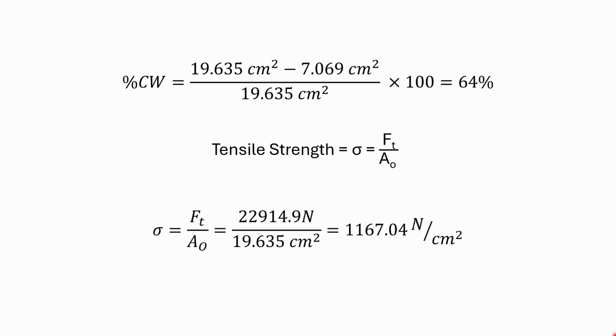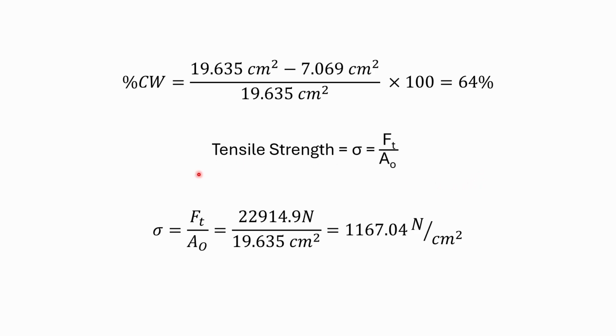Now, using these areas, we can calculate the percent cold work. After plugging the values in, we can find that the percent cold work is 64%. Now, this is a significantly high number, which would mean that the ductility would decrease by a significant amount, and the strength would increase by a significant amount.